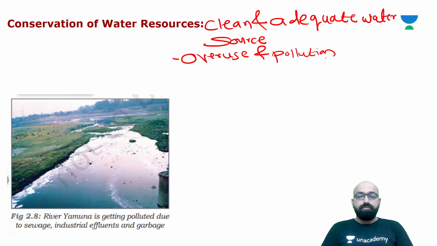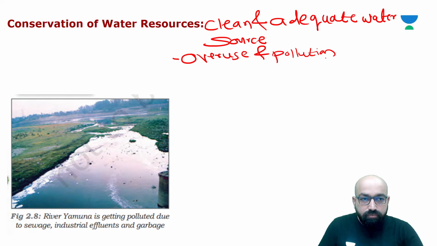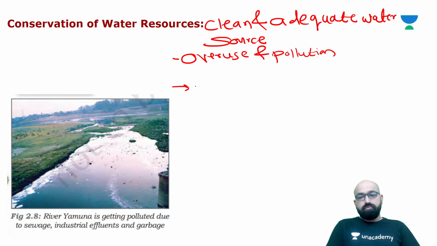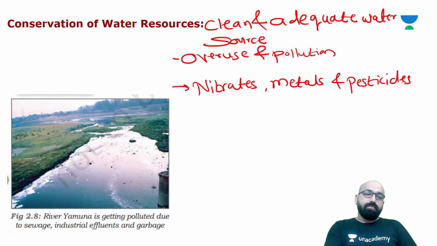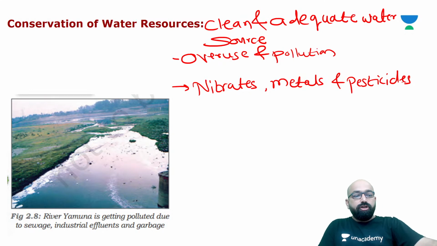Now see the picture. Yes, now friends, see the river Yamuna is getting polluted due to sewage, industrial effluents, and garbage.